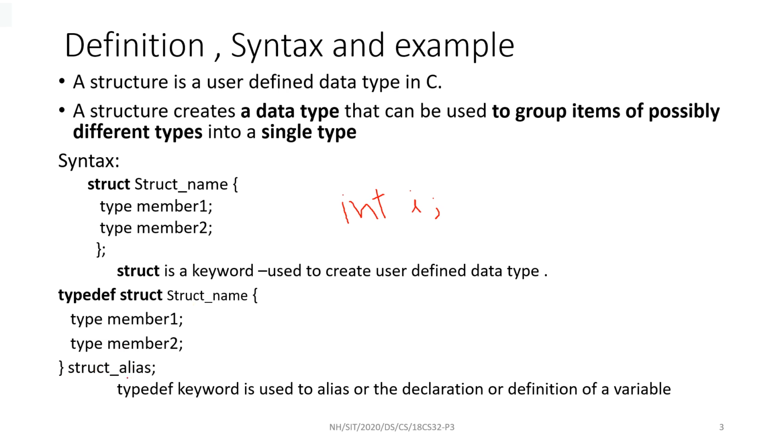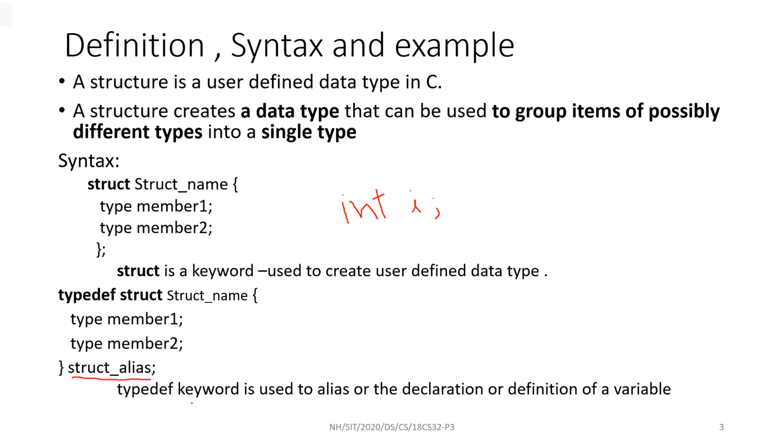To create that aliased name, or alternate name, I have to use the keyword typedef. Typedef, struct, structure name, members, but here you note that this is an alternate name. This alternate name is used for this structure name, an alias name for this structure.